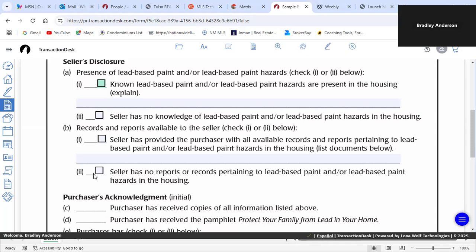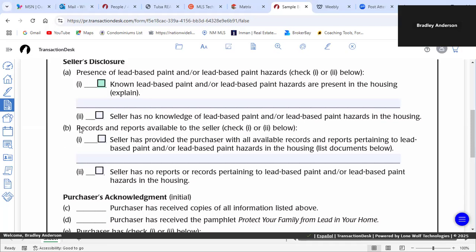Option B2 is seller has no records or reports pertaining to lead-based paint or lead-based paint hazards in the housing. A report is going to derive from an inspection that may have been done years and years ago. Maybe there was an inspection done, maybe there was some remediation done. If those reports exist, they would check the first box, right? But many times they're not going to have anything, and so they're going to check this.